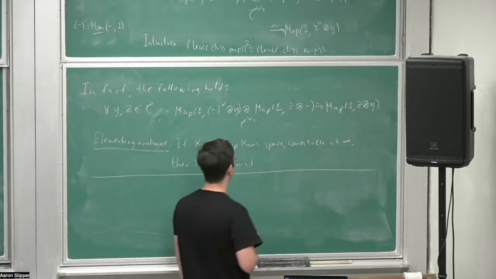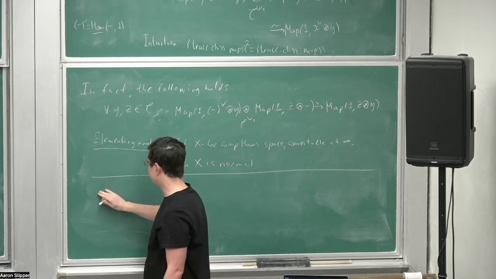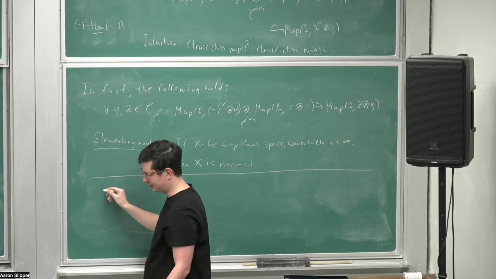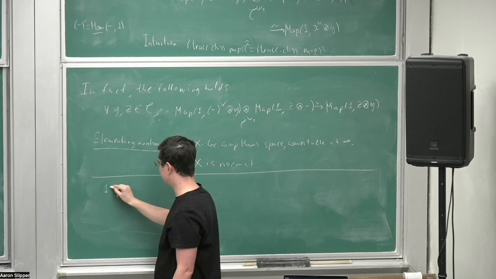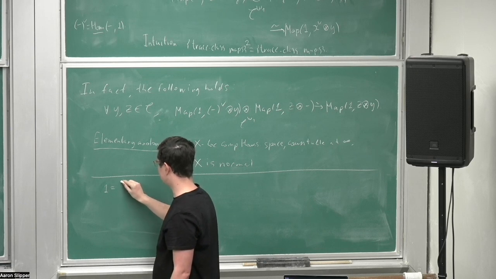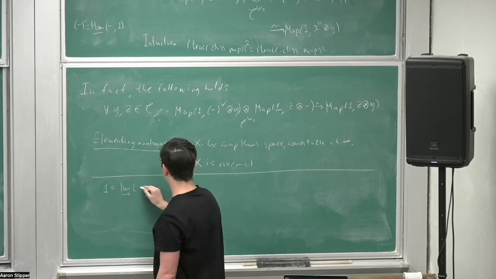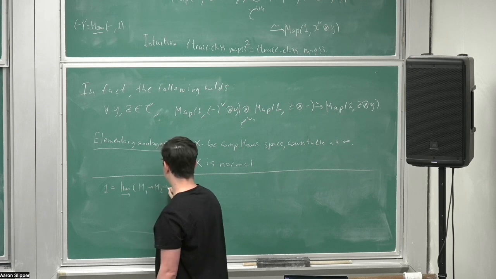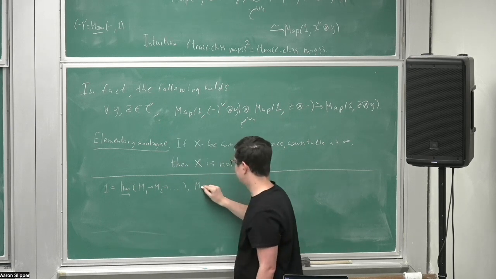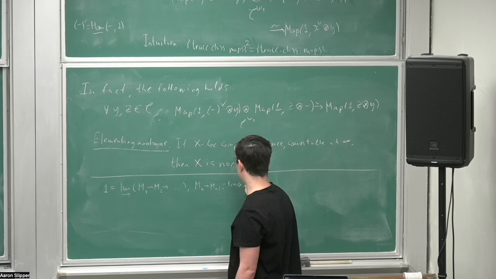So the idea roughly is that you can approximate the unit by a sequence of compact maps. So the unit object is a colimit of some M1, M2, and so on.